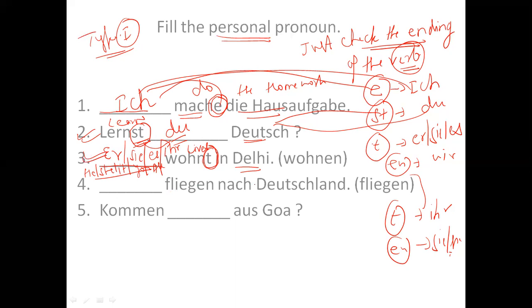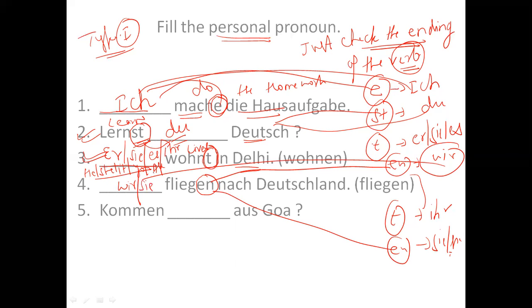Then next is fliegen nach Deutschland. So the ending is en, and whenever you get the ending en, the answer can be wir, or it can be sie, capital Sie or small sie.